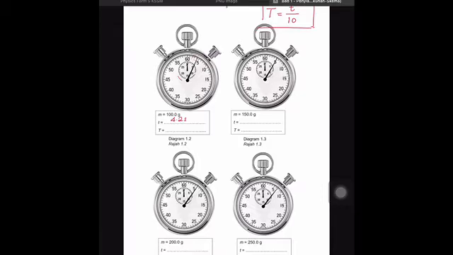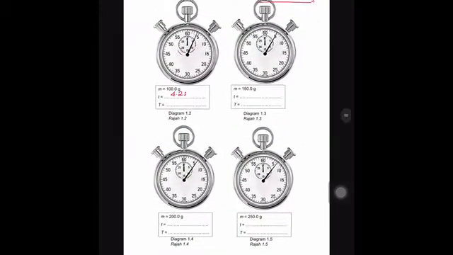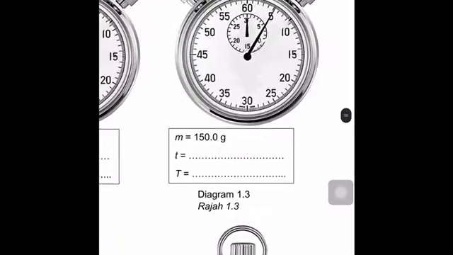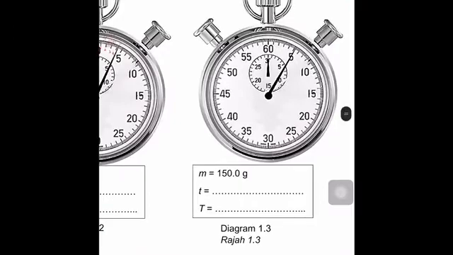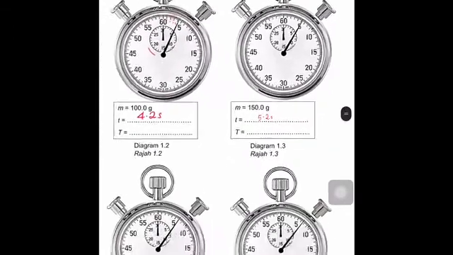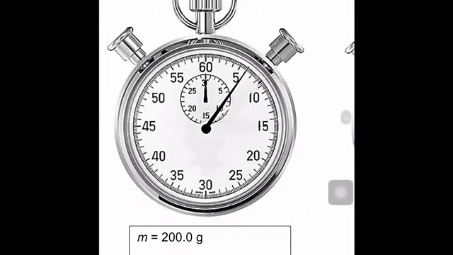Okay, then second one, check here. It's 5.2 second. Okay, then see 5, 6.